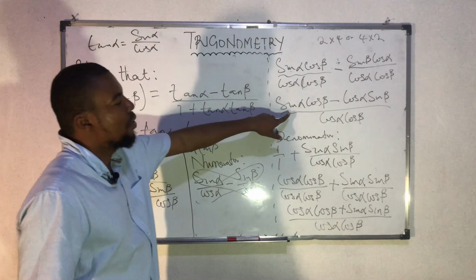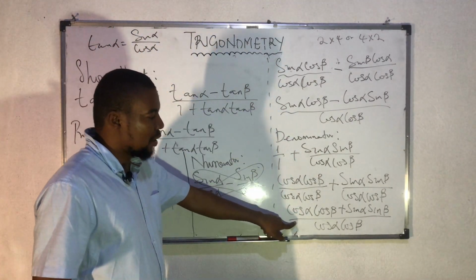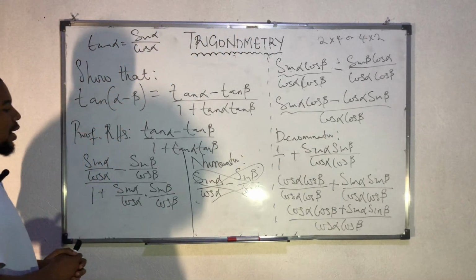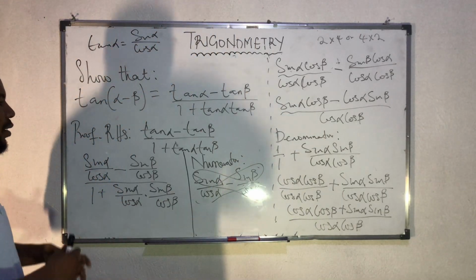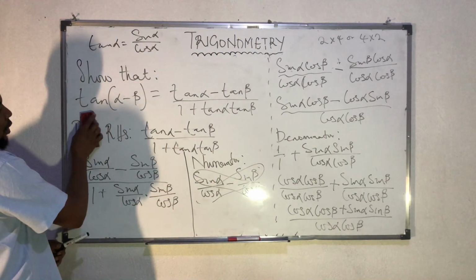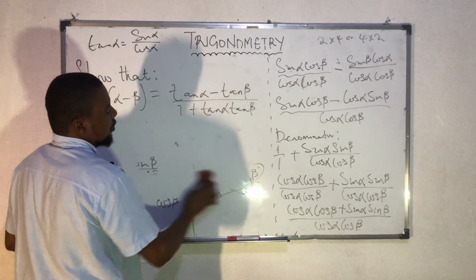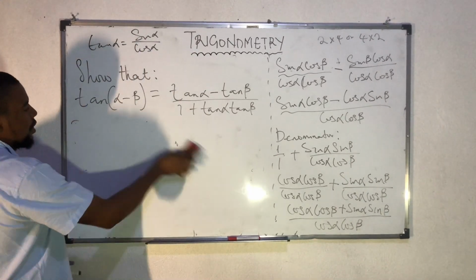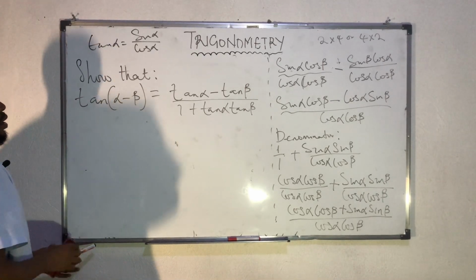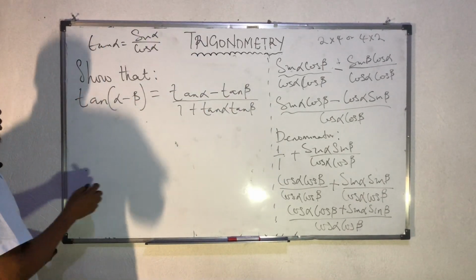Here we have our numerator and this is our denominator. Therefore, we can now go ahead and divide them. I'm going to clean this part and work on them here. Let me combine the two fractions together.